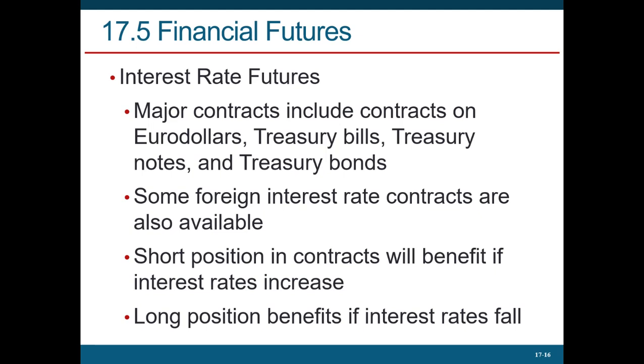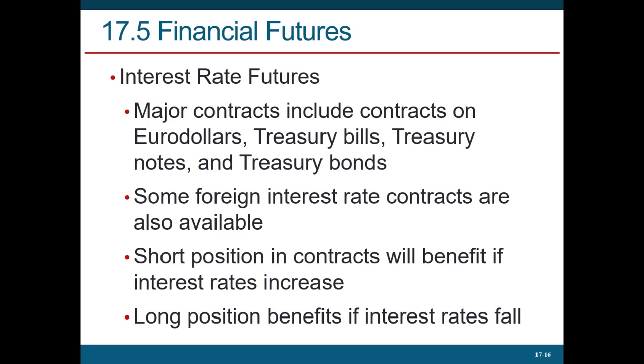And they may worry that market interest rate may increase by the time they need to issue new bonds, right? And so what they wanted to do is to manage the interest rate risk in this interest rate futures contract.